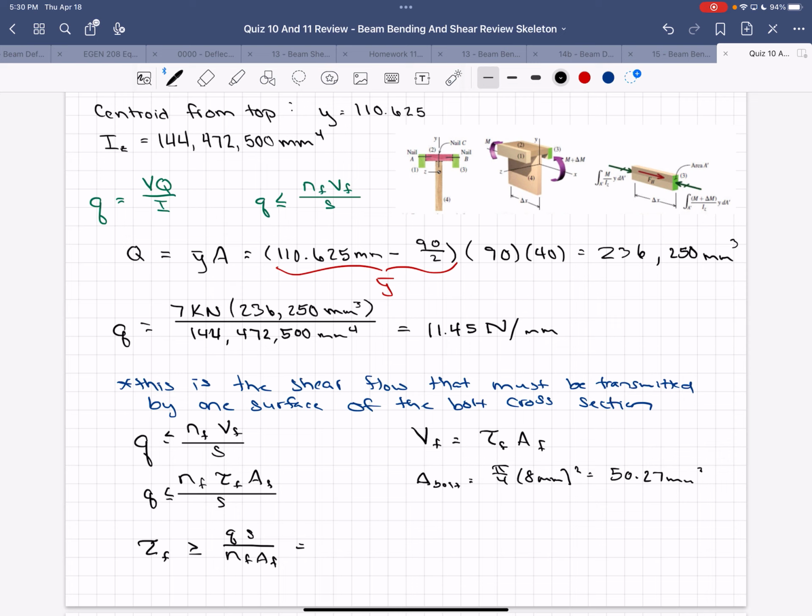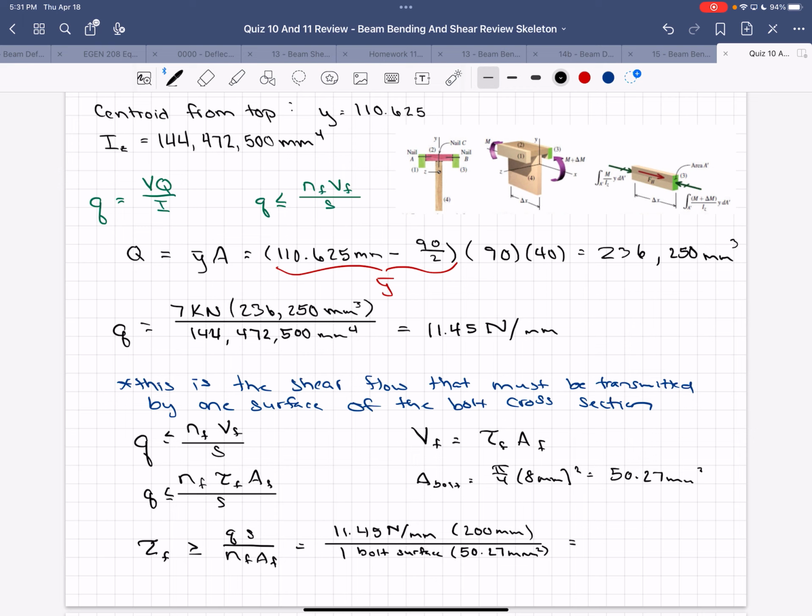Okay, so we have Q was 11.45 newtons per millimeter, and the spacing was 200 millimeters. That was given. All divided by 1 times, we're going to call this bolt surface, times the area of the fastener, 50.27 millimeters squared.